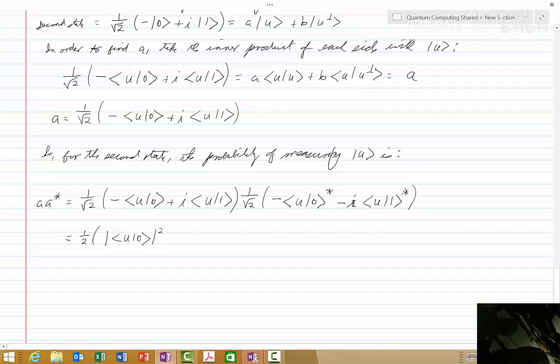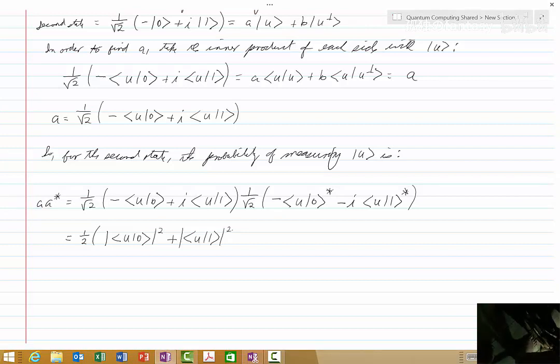That's a minus of a negative 1, so that's positive 1, times the inner product of U with 1 multiplied by the complex conjugate of the inner product of U with 1.